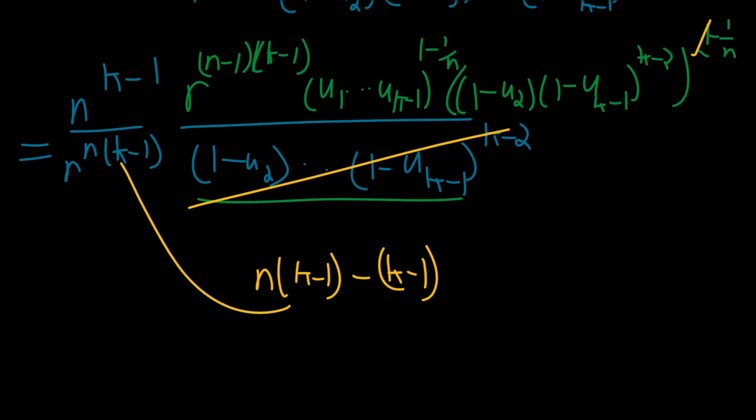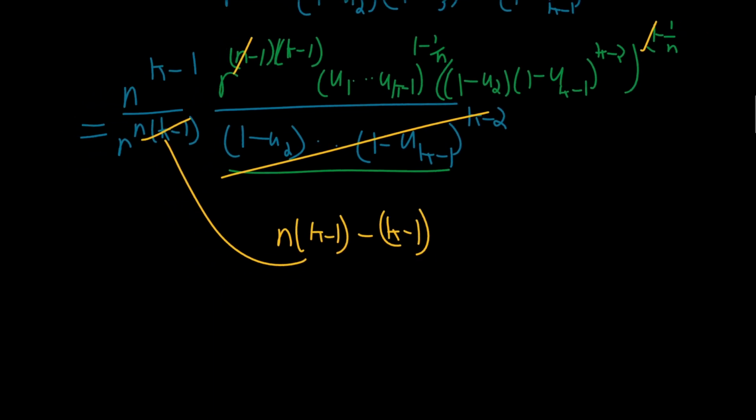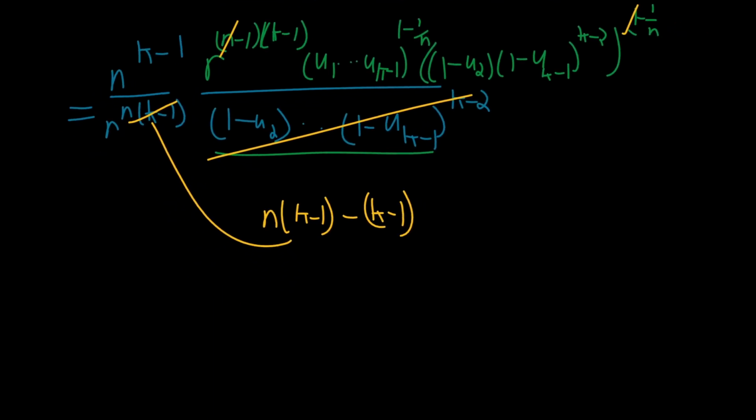So this right here is going to cancel with the n right there. So ultimately in our Jacobian, what we're left with, I'll write this in this color right here, our n to the k minus 1, that term is chillin' until the end, actually. Then we kind of get rid of it. But anyway, it's chillin' for now. But then we have an r to the minus k minus 1 right here.